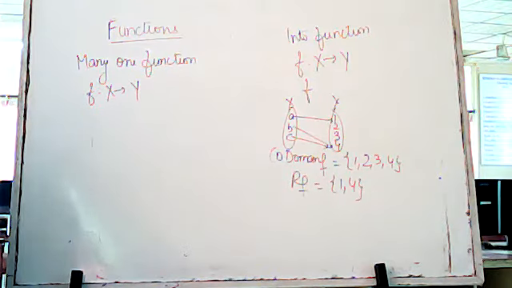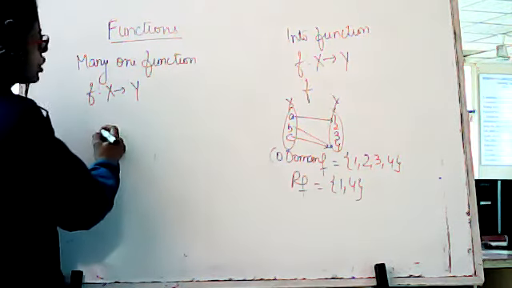The function f is called many-one function if there exist two or more than two different elements in X having the same image in Y.